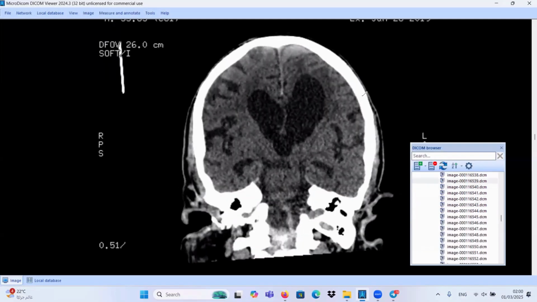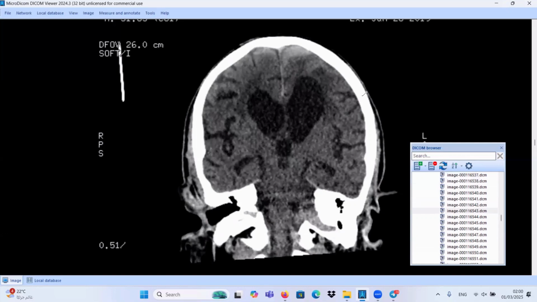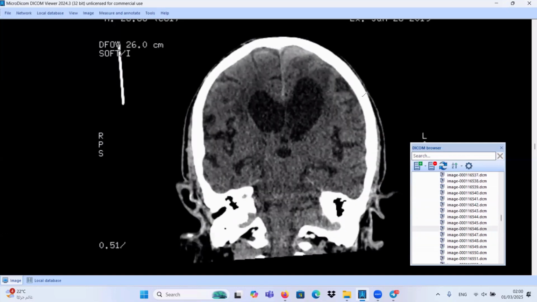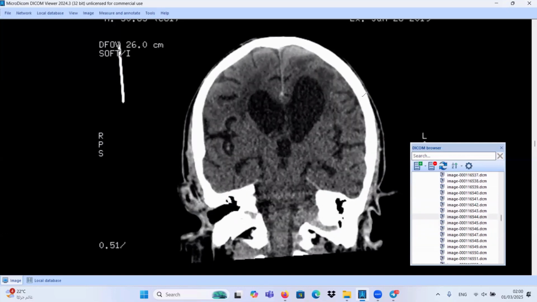As we see here in the coronal plane, we have an extra-axial collection, and this collection shows a concave inner border and doesn't cross the midline. This collection is hyperdense in relation to the cerebral parenchyma, so we have here an acute subdural hematoma at the left high parietal region.